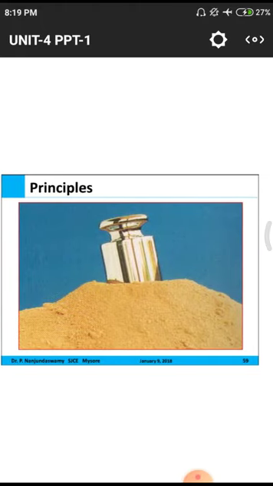How do we observe densification? First of all, we take some examples. In this figure, the total quantity of soil mass is there. Above the soil mass there is some load kept on it. Due to the self weight of the load, the soil has some disturbance and spreads away through the surroundings.